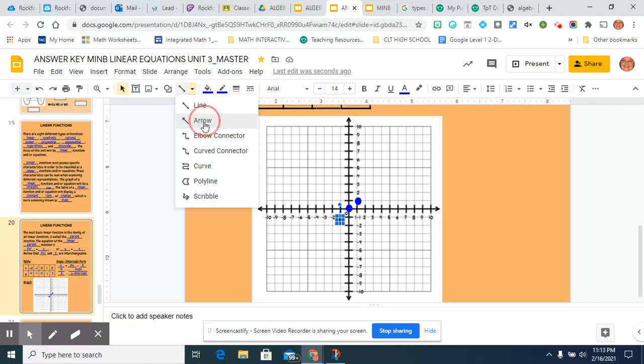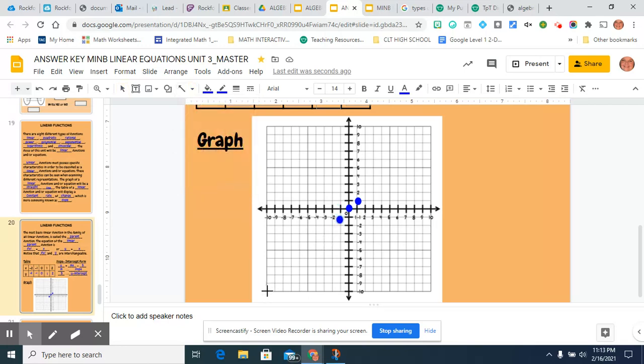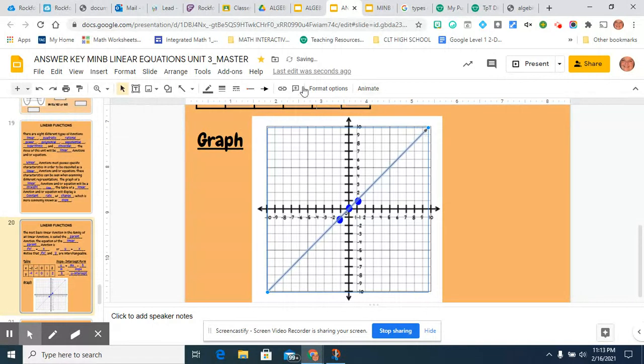So I'm going to select a line. I'm going to do an arrow. And what we would find is our graph would go through the complete angle like this.